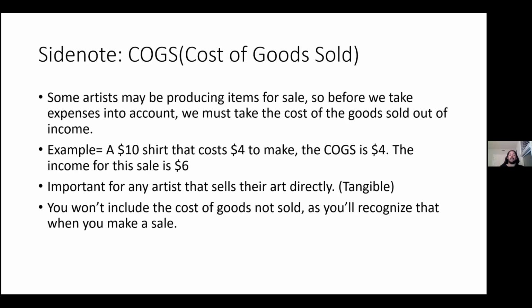And again, this is important for any artist that sells their tangible art directly, not like a performance or anything like that. You won't include the cost of goods not sold. You'll recognize that for you making sales. So if you've made 10 shirts, the cost of goods for that was $40, but you don't recognize cost of goods sold until you make a sale. It's not cost of goods sold. That's just your cost regardless. Anything not recognized there will be recognized later on in expenses.